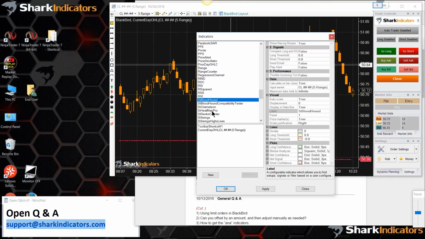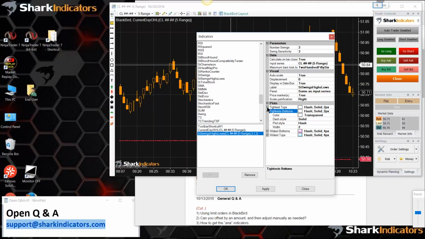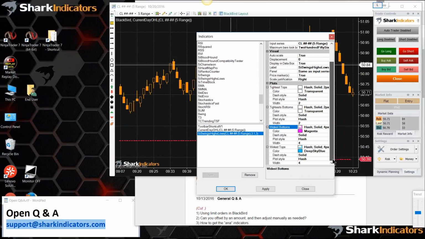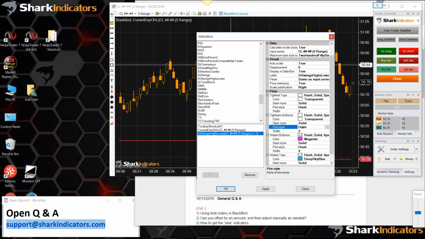All right. So let's put the swing, let's see, where is it? There we go, the swings high-low indicator. We'll put that on the chart there. I'm going to turn on the tightest plots as well, so I'm going to set these to dots.